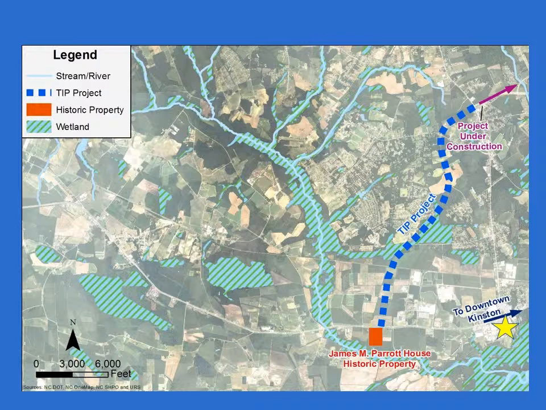The programmed project shown in blue and labeled as the TIP project provides a link bypassing the intersection, represented by the yellow star, and provides connectivity to and extending the circumferential route under construction and soon to be operational. Note the wetland system in the center of the TIP project area and a historic property at the southern terminus of the TIP project.